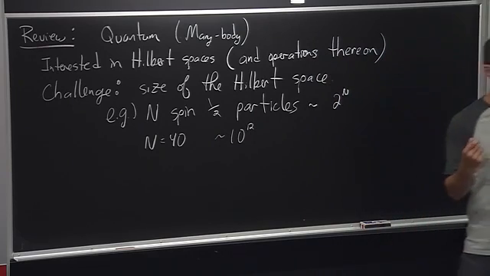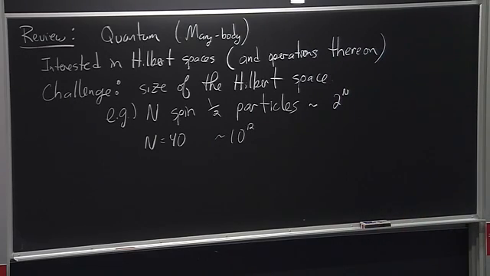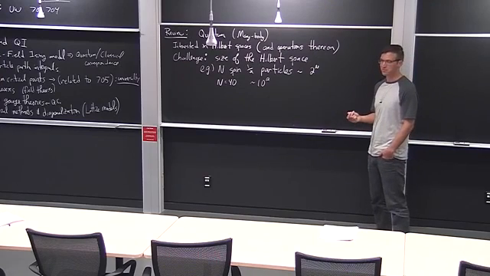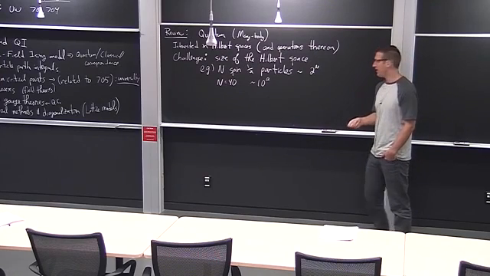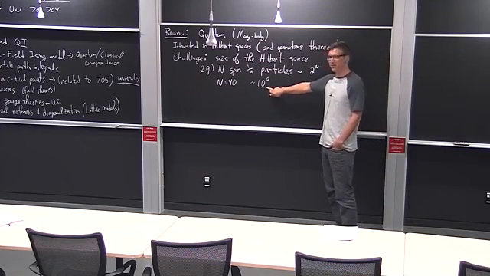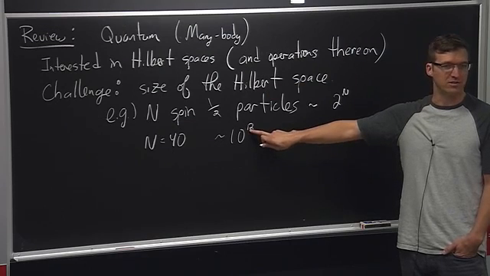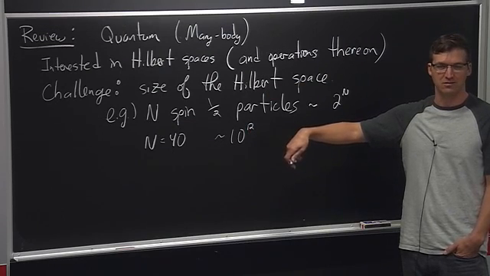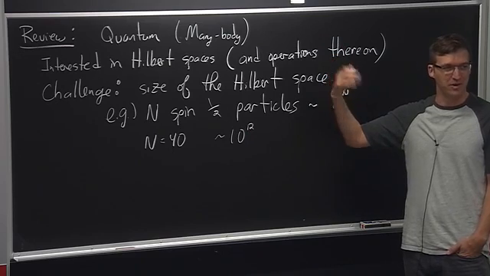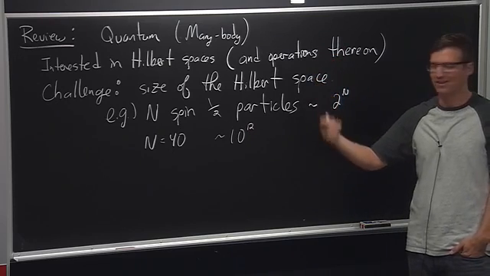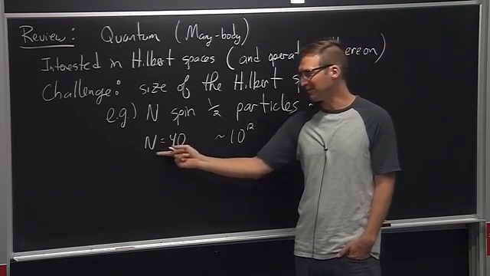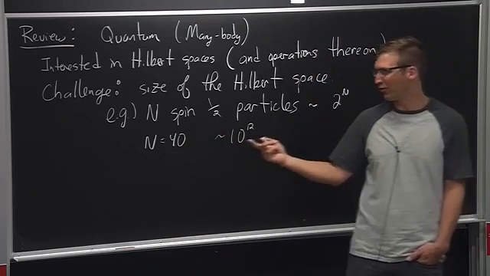It's the number of bits that you would need to represent the Hilbert space. If you imagine putting this in memory, it's about the biggest computer that we have. And that's just to represent the Hilbert space for n equals 40, which is a very small system size.